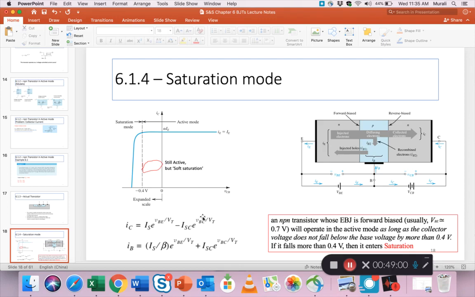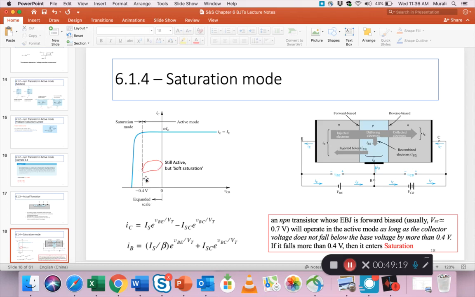So this is what you see, right? If the base voltage is taken as a reference, the collector voltage should not fall less than minus 0.4 from the base voltage. This is okay.